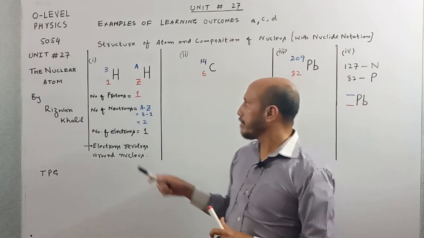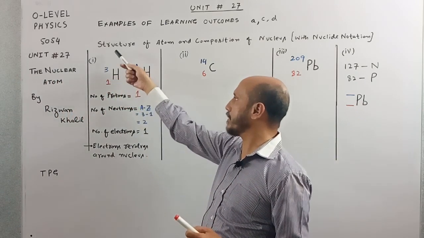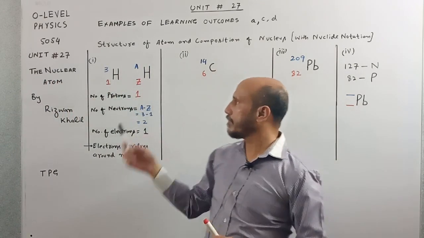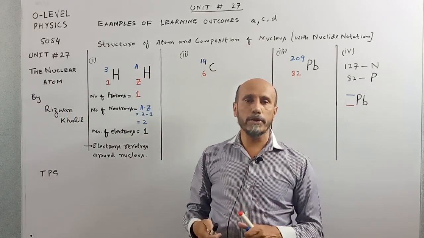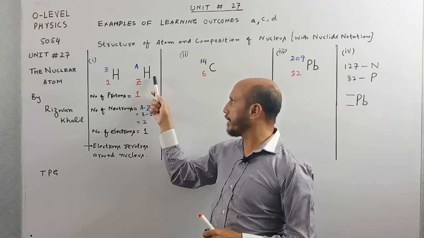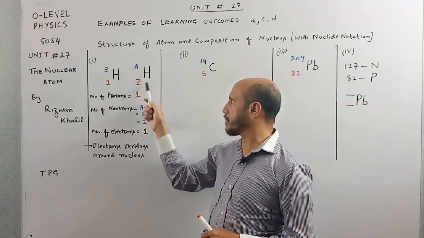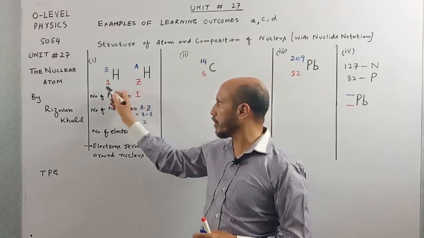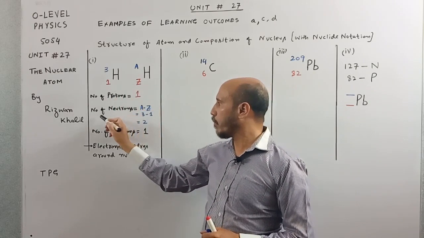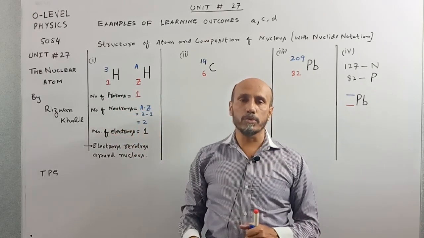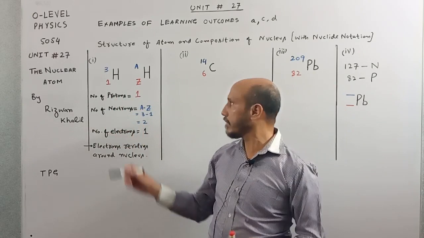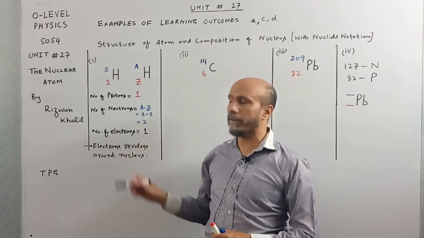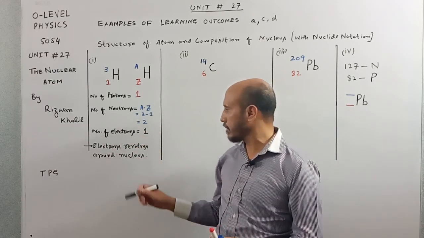So again look here: if 1H3 is given and the question asks for the structure of the atom and composition of the nucleus, first of all we will write the equation like this: A, H, Z. Z stands for the number of protons. So how many protons will be there? 1. What was the method to calculate the number of neutrons? It was A minus Z. 3 minus 1 is equal to 2. The number of electrons is definitely equal to the number of protons.